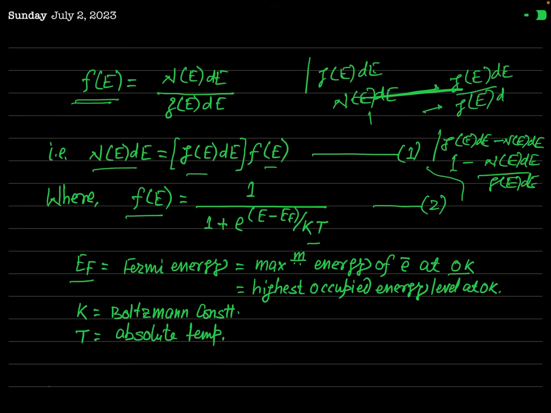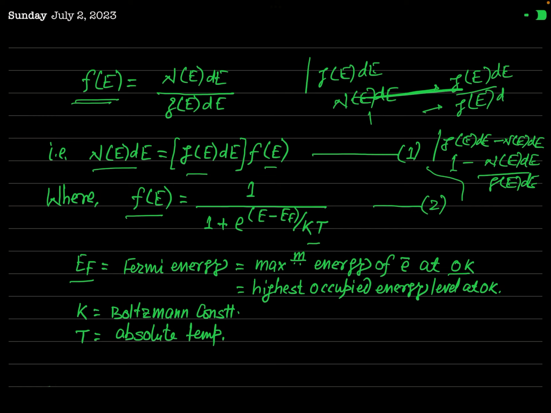So the maximum energy possessed by a fermion at absolute 0 temperature is called the Fermi energy. Okay? So this is also called the highest occupied energy level at absolute 0 temperature. Okay? And k is the well-known Boltzmann constant and T is the absolute temperature.